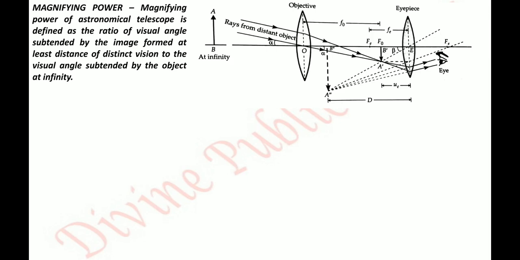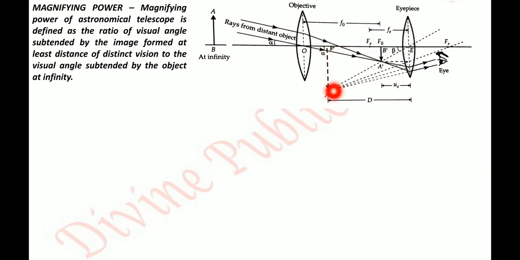So as you can see, the ray which comes from infinity makes an angle of alpha with the principal axis. When we put our eyes over here, this ray makes an angle alpha. So alpha will serve as our angle subtended by the object, that is the visual angle subtended by the object.